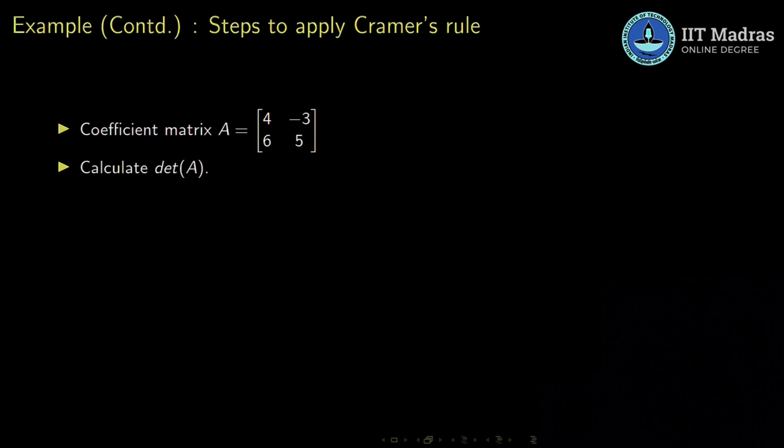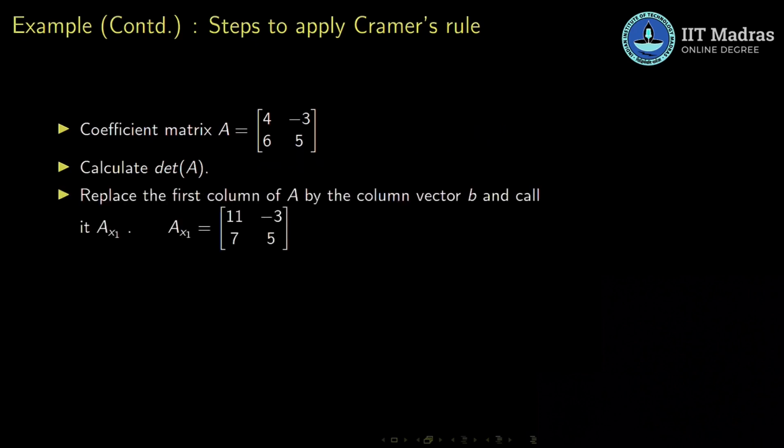Let us compute the determinant of A. That is 4 times 5 minus negative 3 times 6. So, that is 20 plus 18, which is 38. Let us keep that value in mind. So, the determinant of A is 38.